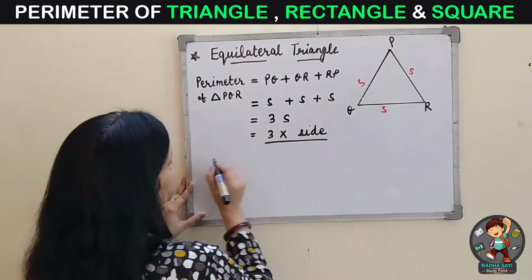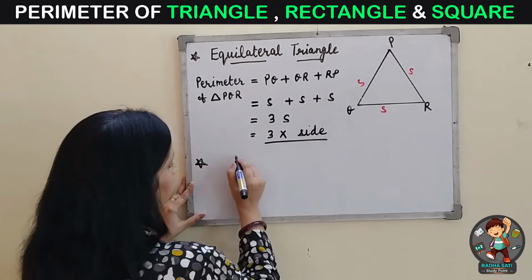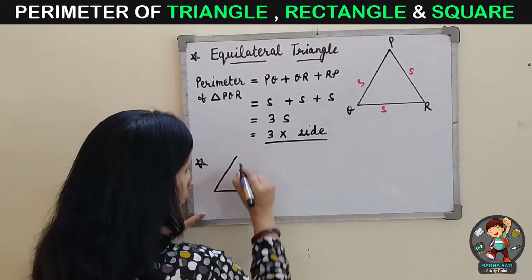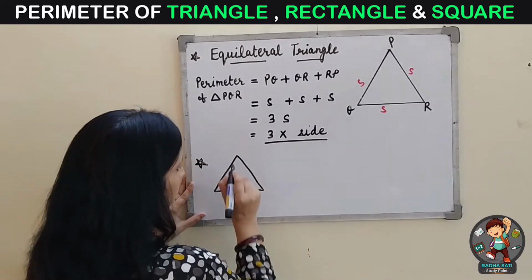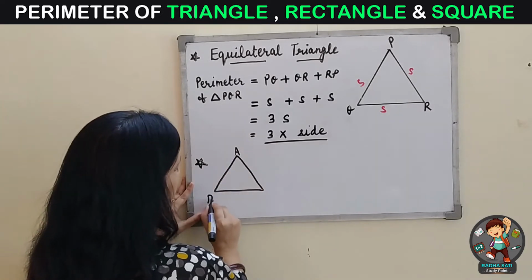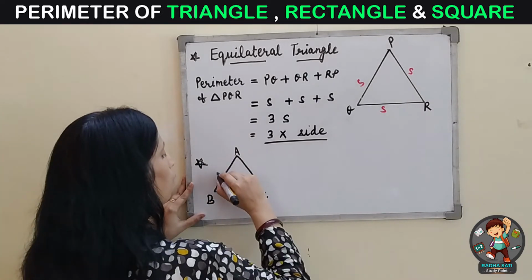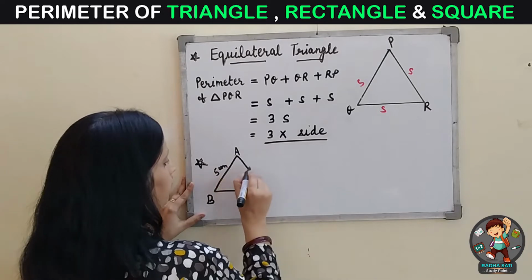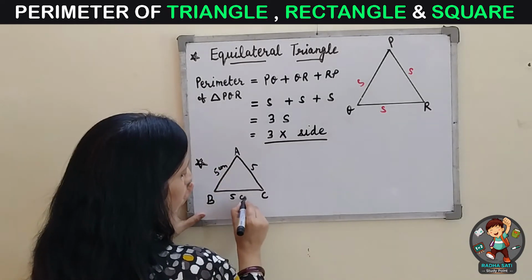For example, let's take one triangle. Suppose this is an equilateral triangle ABC, whose sides are all 5 centimeter. How do we find the perimeter?